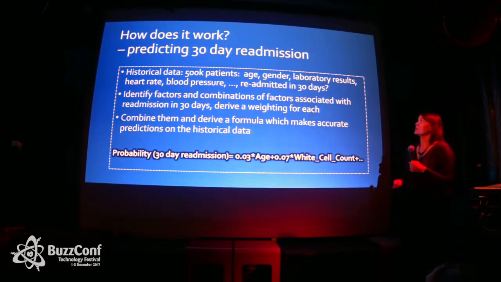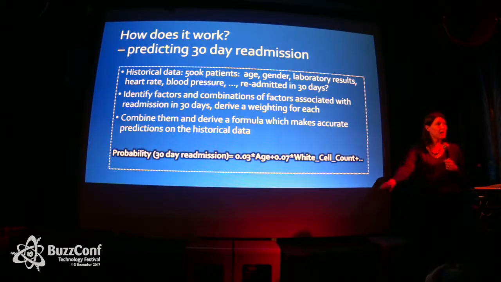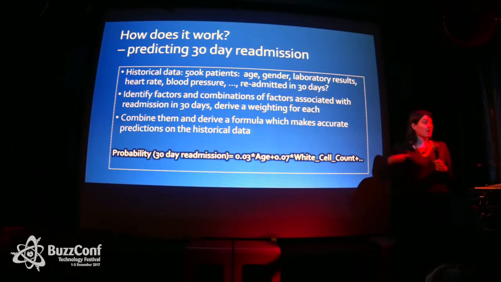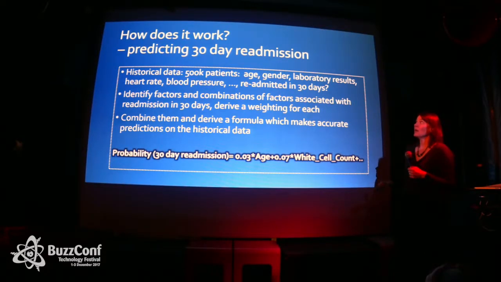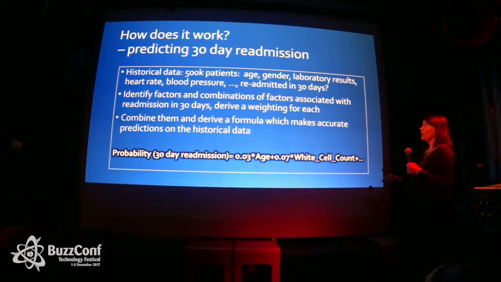An example of this sort of thing might be to try to predict readmission into the hospital. Somebody was in hospital for a while and then got sent home. Can we predict how likely they are to be readmitted to hospital within a 30-day period from their discharge? We might consider historical data.